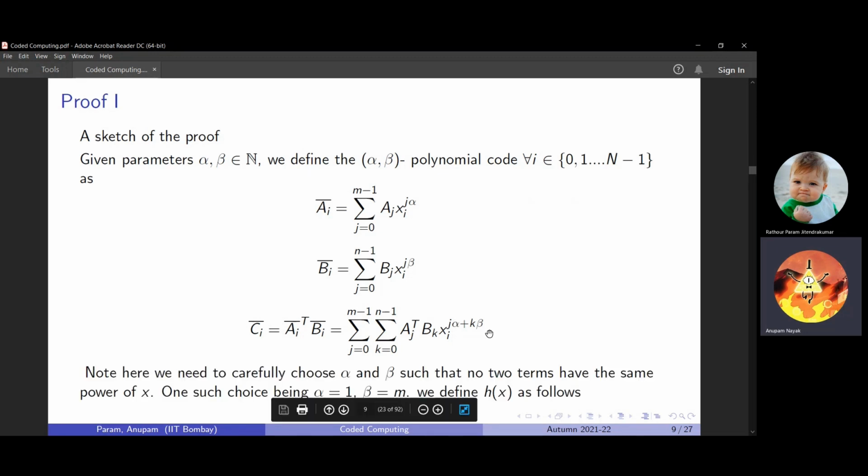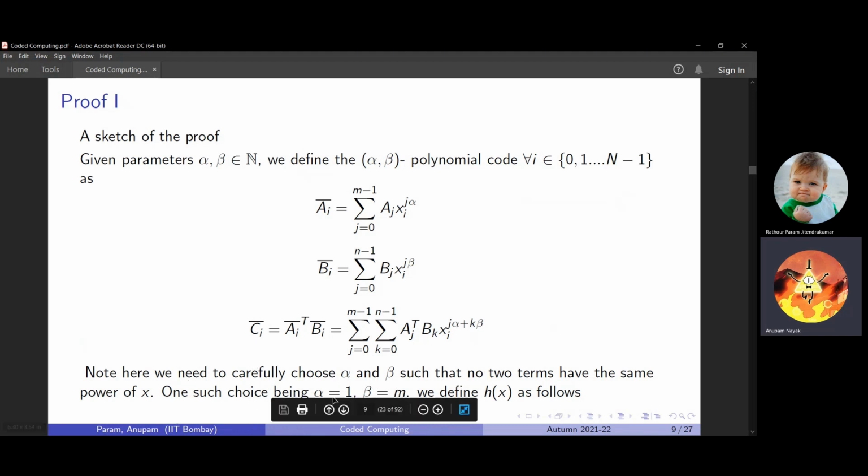Now we see that we'll be using some distinct x_i's for our evaluation. So we have to be worried about this power here. We have to see that no j alpha plus k beta has an overlap. So for no two values of j, k should the exponent here have the same value.